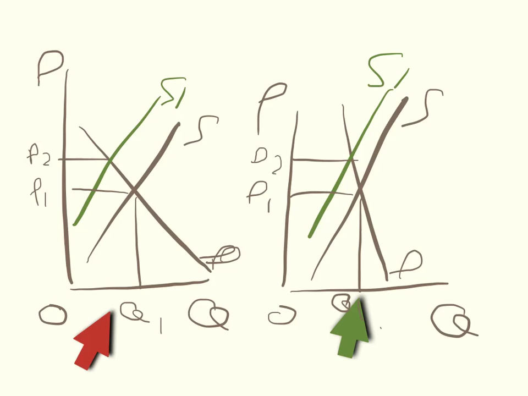Now I'm going to concentrate for the next few minutes on our good which is more elastic, the red market. The difference between supply 1 and supply 2, these two curves here, is the amount of the tax being added. Now we notice in this market, which is more price elastic, this red amount here is what we call the incidence of the tax.